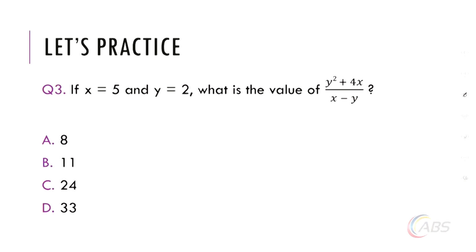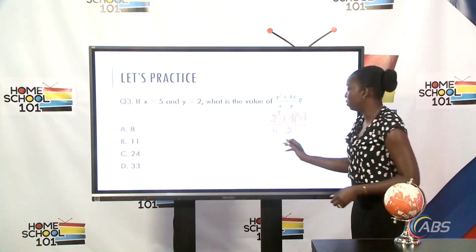So we have y, that is 2 squared plus 4, and this is times, because remember in algebra when we're multiplying, the terms just come together. We don't actually use a multiplication sign. x is 5, and that is over x is 5 minus y is 2. 2 squared, again, as you remember from one of the previous examples, is just 2 times 2, and 2 times 2 is 4.